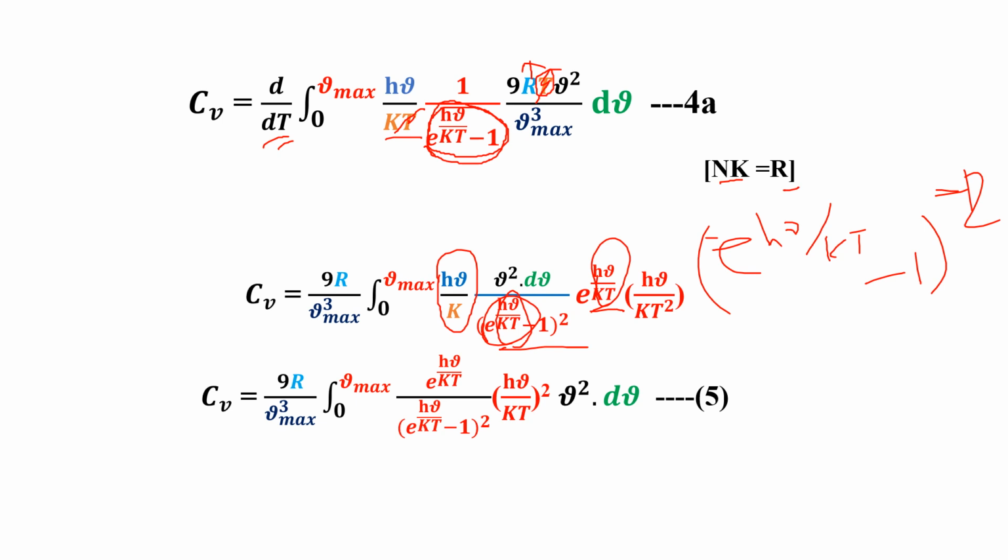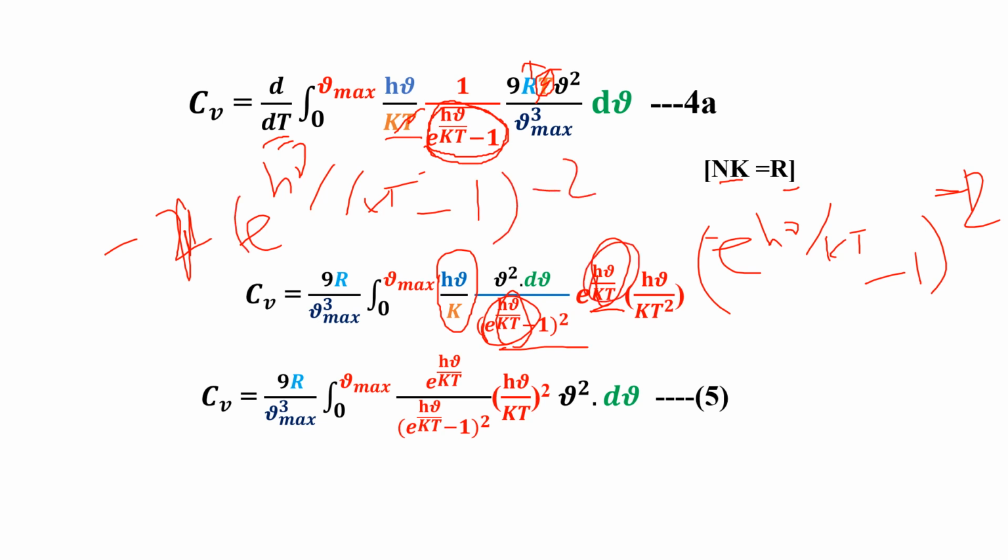So already you will be getting minus 1 into e power h nu by kt minus 1 whole power minus 2. Now the h nu by kt will be differentiated. Since the t is in the denominator, when you move it to the numerator, it will be converted into t power minus 1. So minus 1 into t into minus 1 minus 1, that is minus t power minus 2.